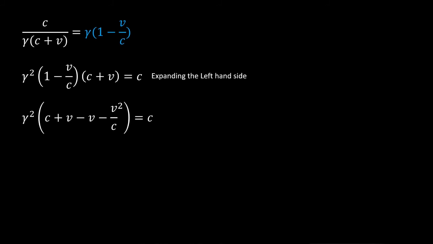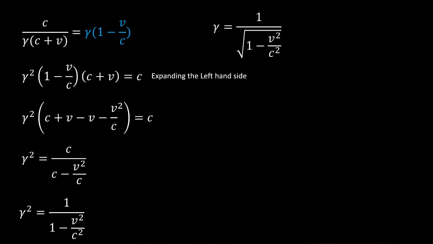This simplifies to gamma squared equals c over c minus v squared over c, or gamma squared equals 1 divided by 1 minus v squared over c squared, or gamma equals 1 over the square root of 1 minus v squared over c squared, which is the gamma factor we derived earlier using Pythagoras' theorem.